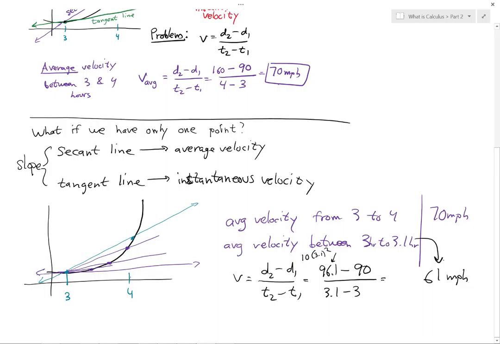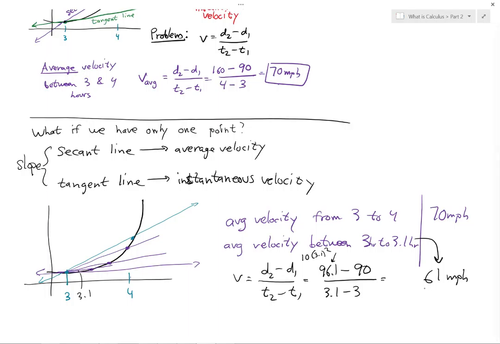So again, 61 is not the instantaneous velocity either. However, it's closer. You can see if this is 3.1 over here, we're getting closer and closer to the instantaneous velocity, but we're not actually there yet.